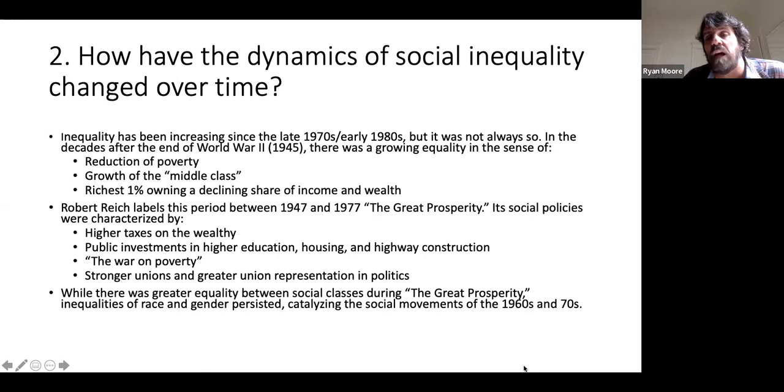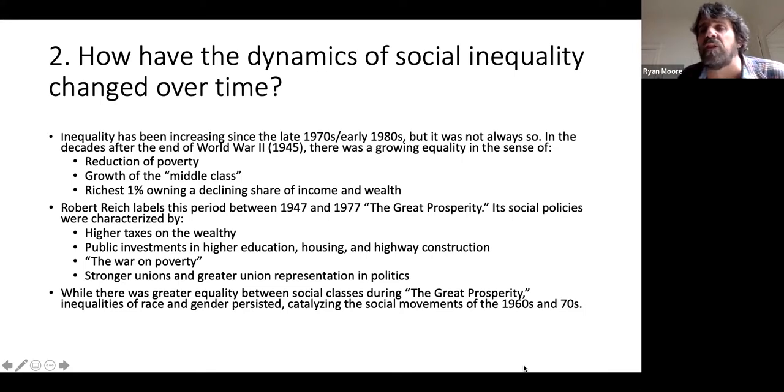But the idea is that since the late 1970s or early 1980s, inequality has been steadily increasing. Like we saw, the 1% are taking a bigger and bigger share of the total wealth in the society.